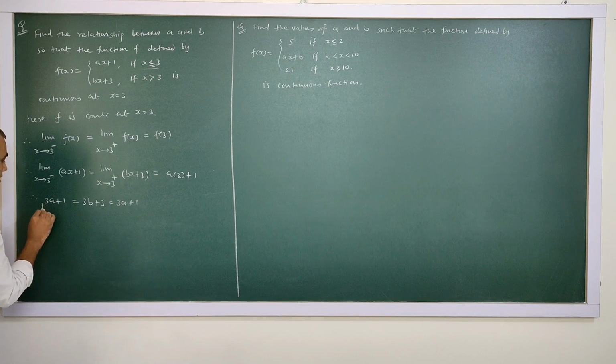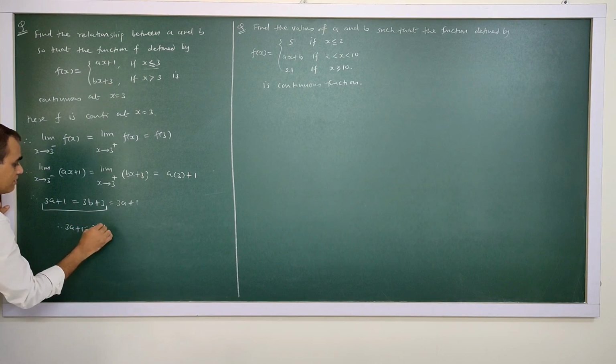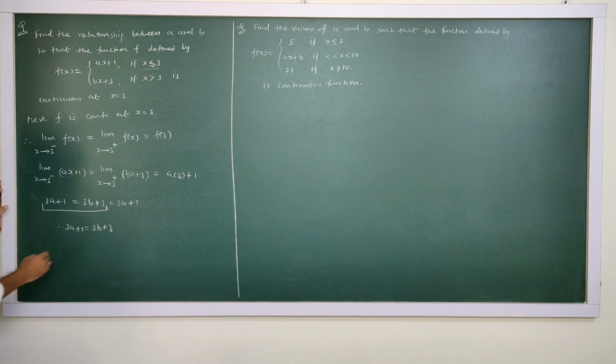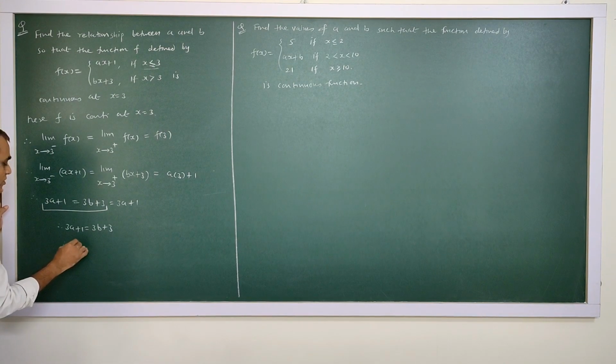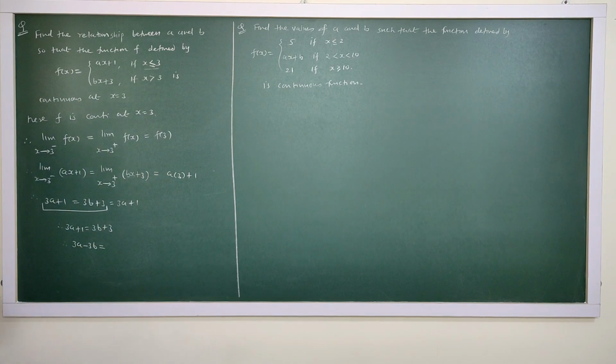So only observe this part. 3a plus 1 equals 3b plus 3. Therefore, 3a minus 3b equals 3 minus 1, which is 2. So this is the relation between a and b.